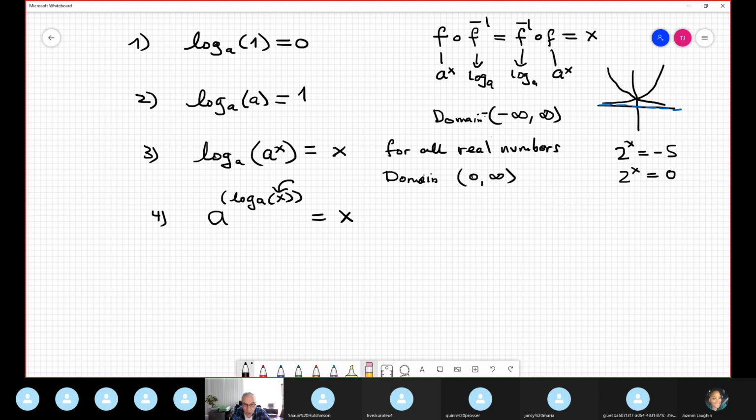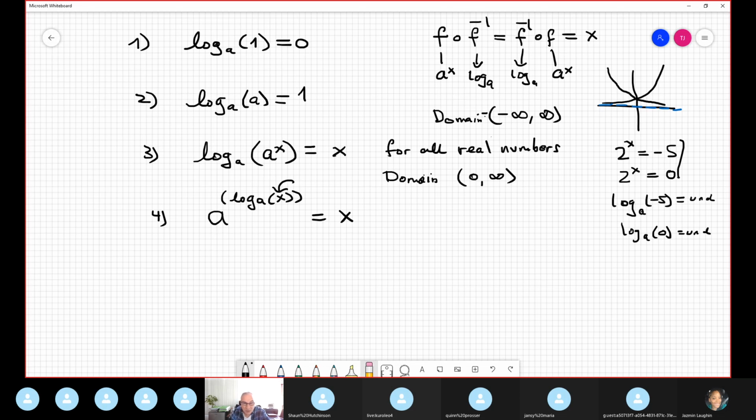Negative is illegal. The logarithm of a negative number, of any base, I don't care, is undefined. And the logarithm of 0 is also undefined. It's similar to this idea, but in the opposite sense.